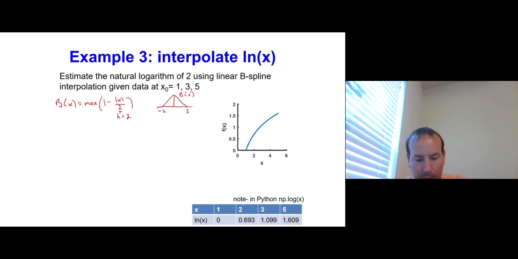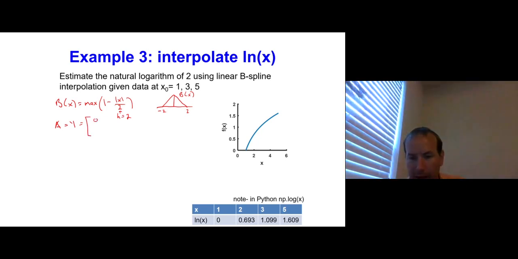Okay, and since we know from the B-spline slide a bit ago that the A matrix we give is exactly the same as the Y matrix. So A is very simply the 3 values.